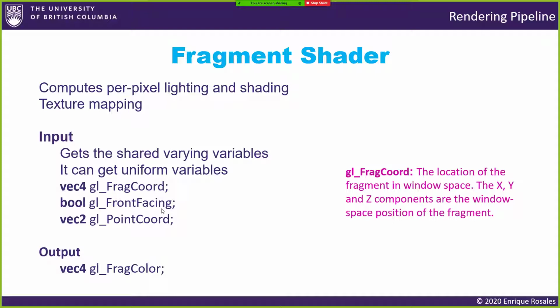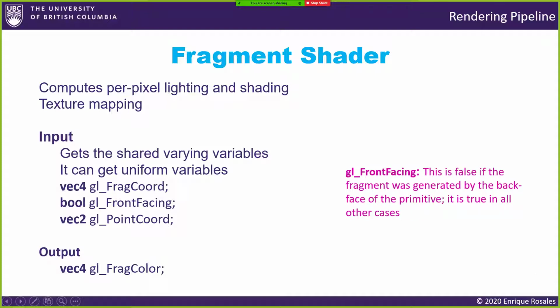Then we have another Boolean built-in input that is the front facing. This one is false if the fragment is generated by the back face. So remember that we said that we have this culling stage, and that culling stage is optional, right?